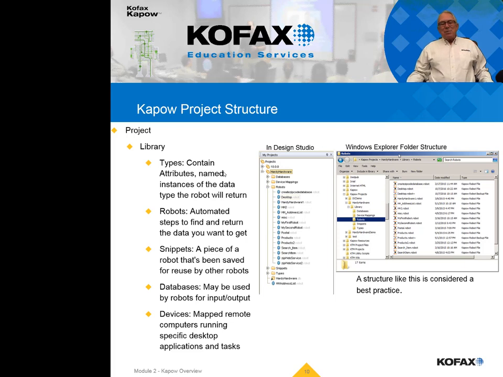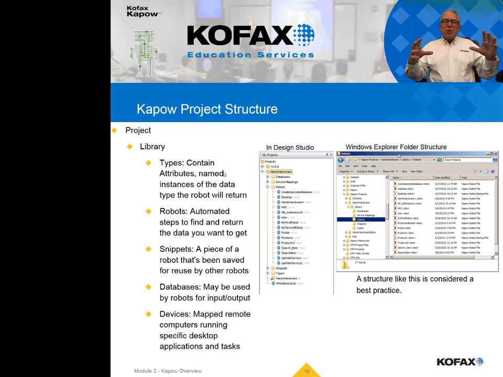Robots are automated steps to find and return the data that you want to get. A snippet is a piece of a robot that's been saved for reuse by other robots. So you created a bunch of steps to find and extract certain pieces of data, and you might want to replicate that extraction in another robot.